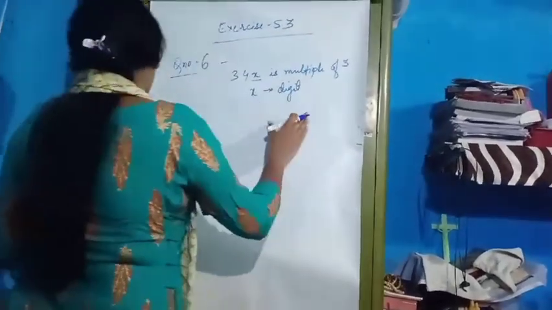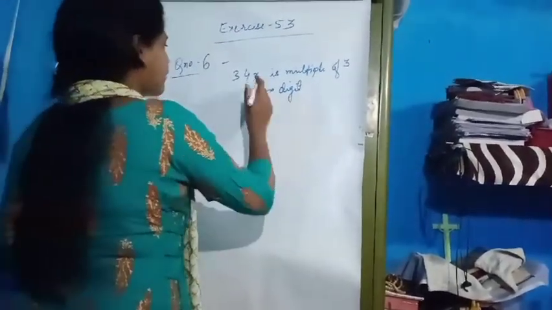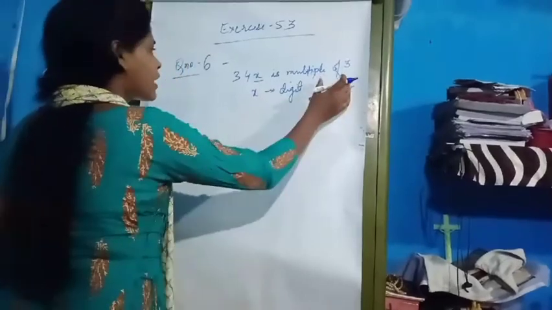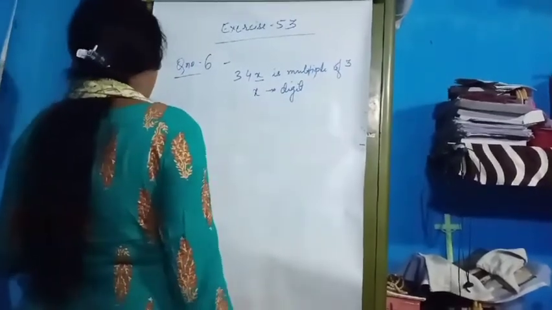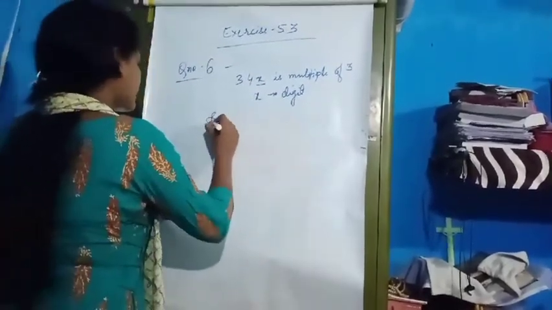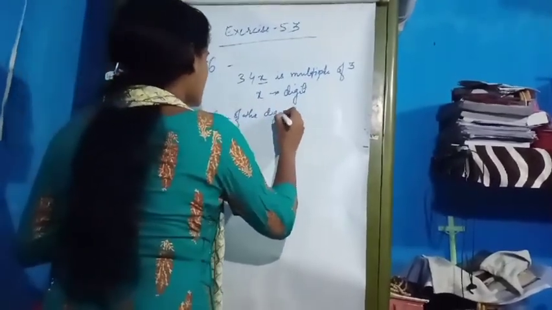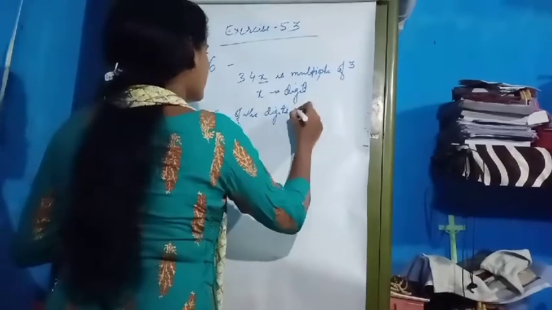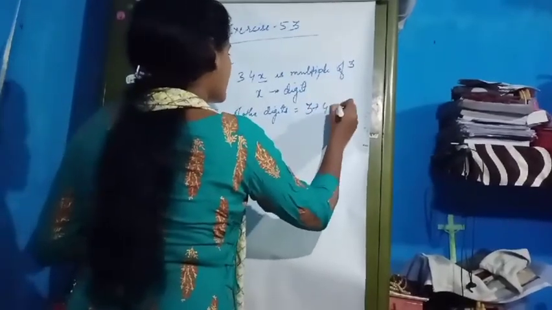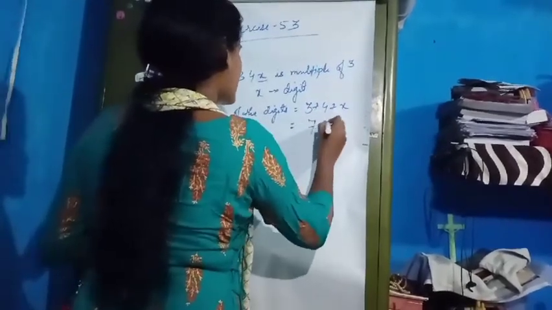So x is a digit. What is the value of x, it is asking. So you tell me the condition of 3. You have to first find the sum of the digits. So you are going to find 3 plus 4 plus x, that is 7 plus x.